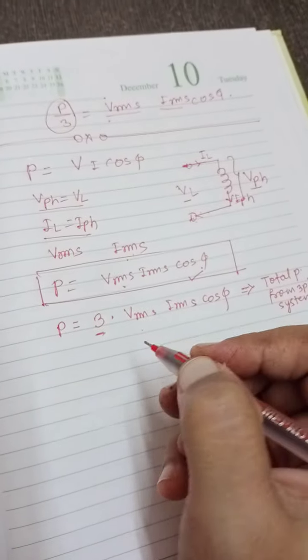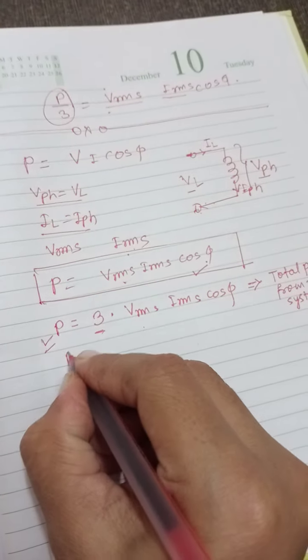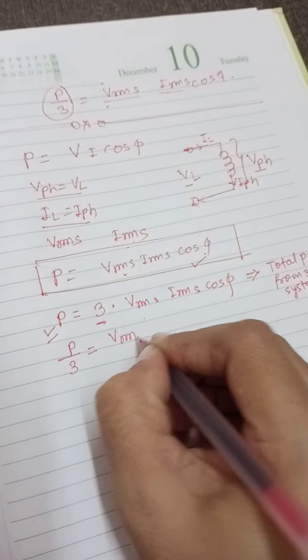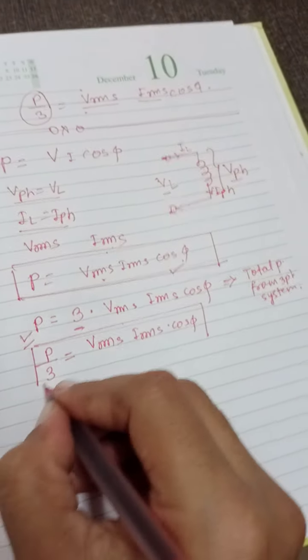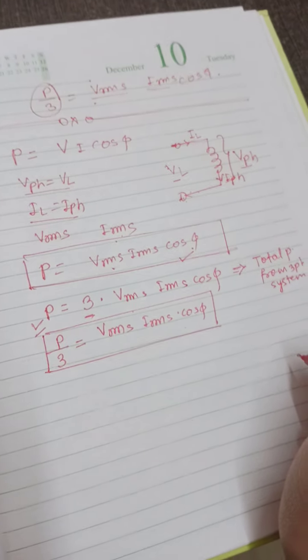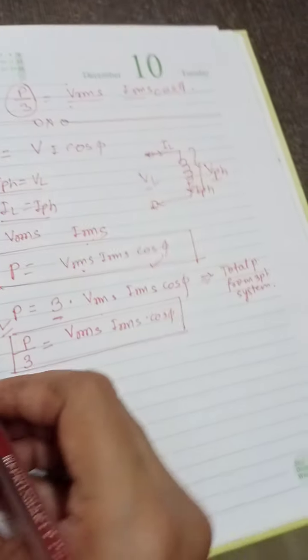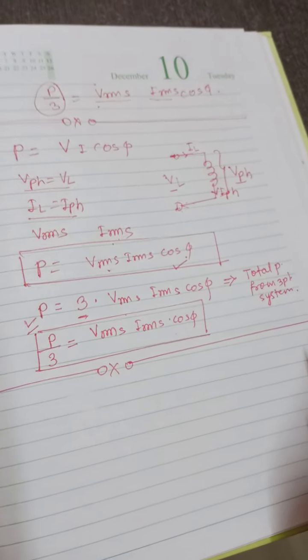As 3 is here, it is the total power for the three phase system. So the power transmitted per phase is P upon 3, and that's why our equation becomes Vrms Irms into cos phi, and hence in the morning's lecture we used the equation Vrms Irms cos phi for the per phase power.